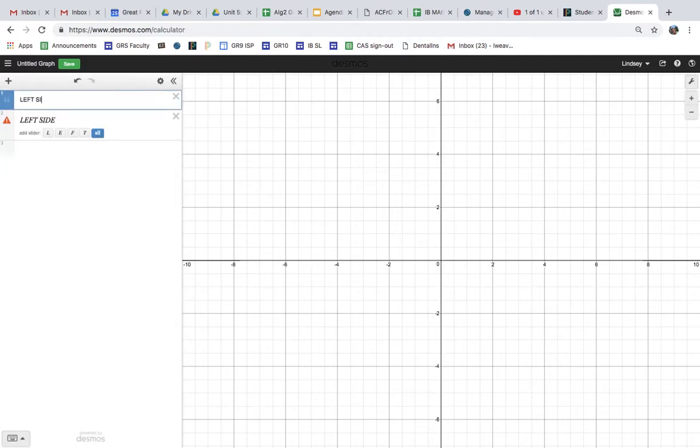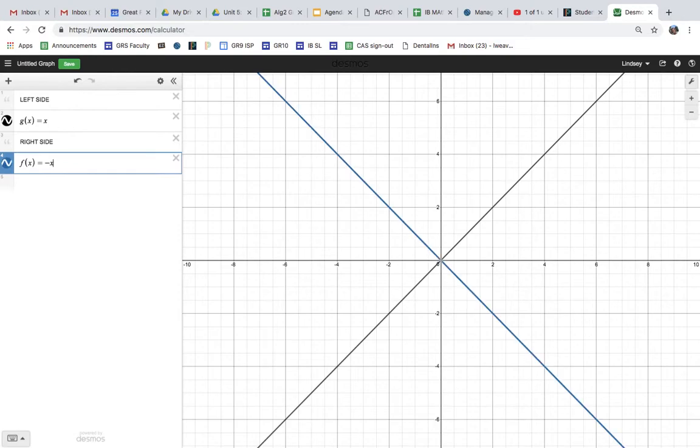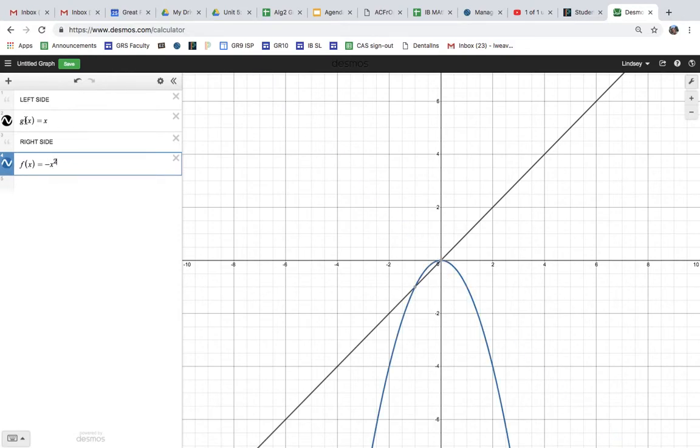Left side is g of x equals x, and the right side, f of x equals negative x squared. I could do this on my TI-84 too. y1 equals x, y2 equals negative x squared. And it will show me both graphs. And if I press in the intersection, sure enough, x equals negative 1 and x equals 0.